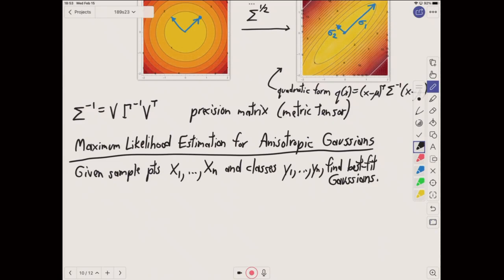And just a reminder that we are going to interpret xi as a column vector for the purposes of the math that's about to come.